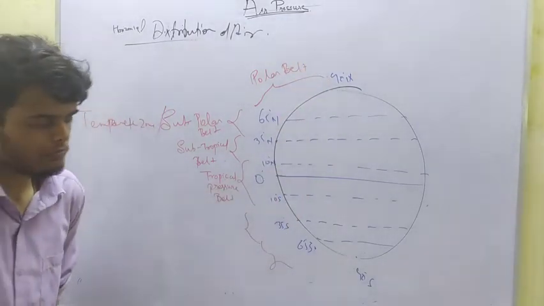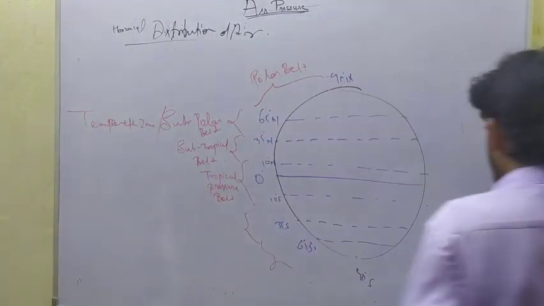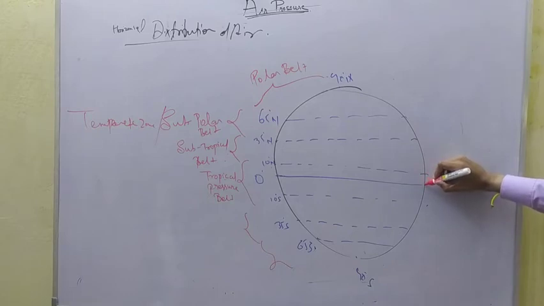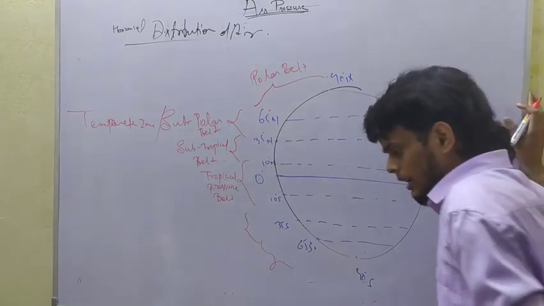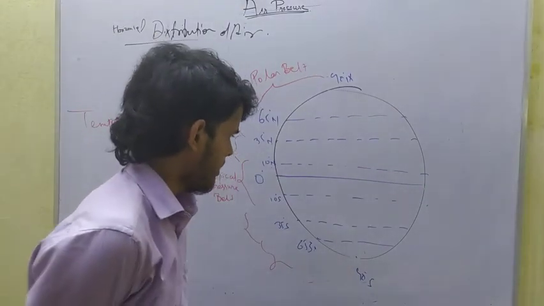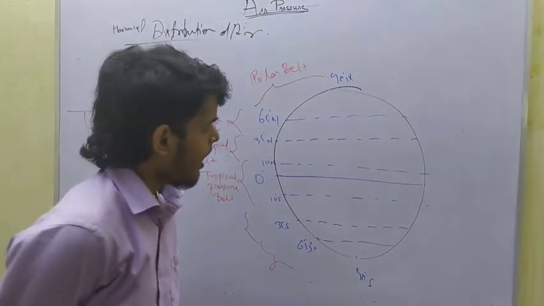Now, our equator, 0° latitude, constantly receives sun rays throughout the year.